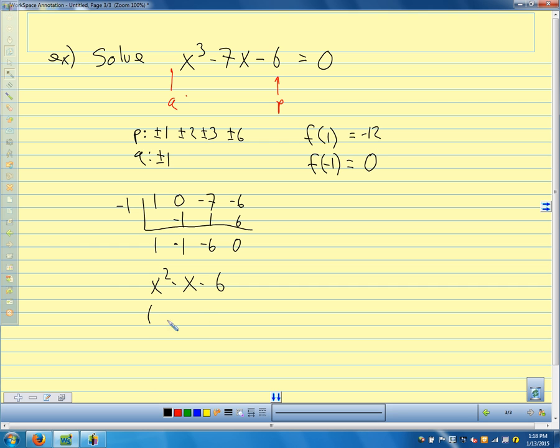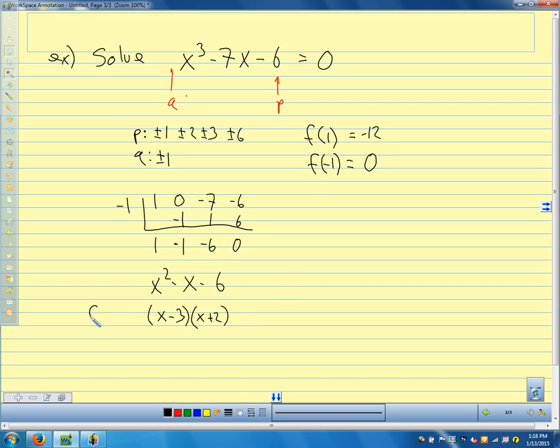Does this factor? What does this factor to? x minus 3, x plus 2. And we know the other zero is negative 1.